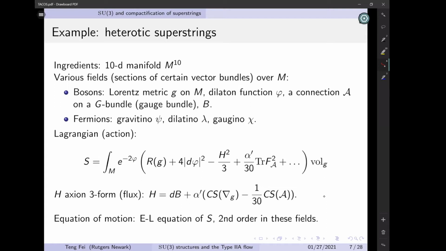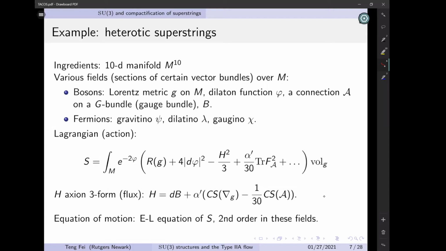Roughly, you can think of these fermions as sections of spinor bundles tensored with some other bundles you can construct either from the tangent bundle or from the principal G bundle. And all these bosons are just coming from the tangent bundle or the gauge bundle. Okay, so these are the fields.